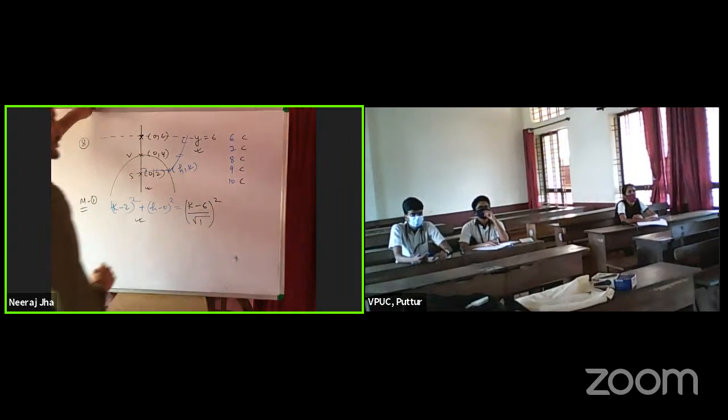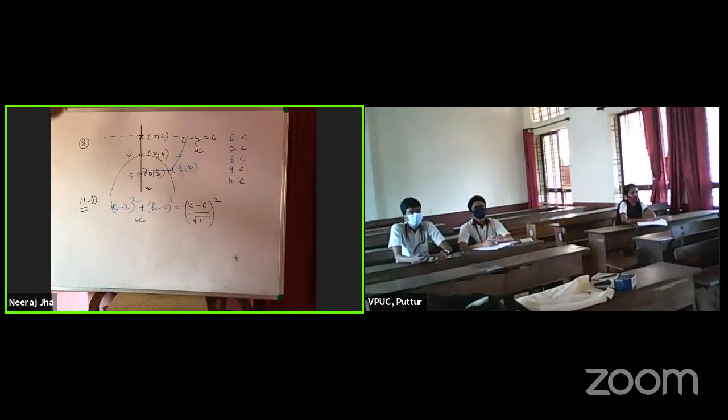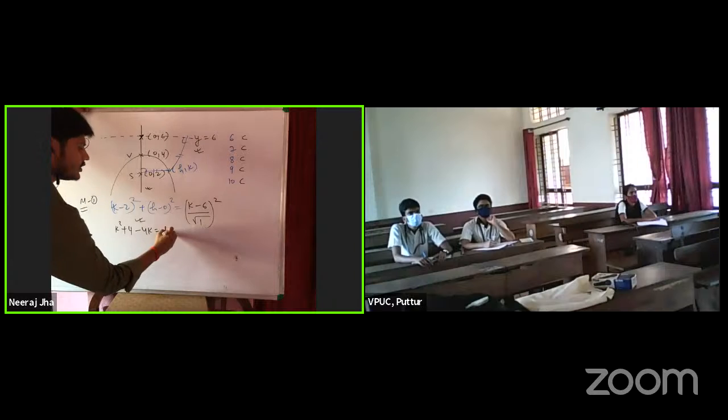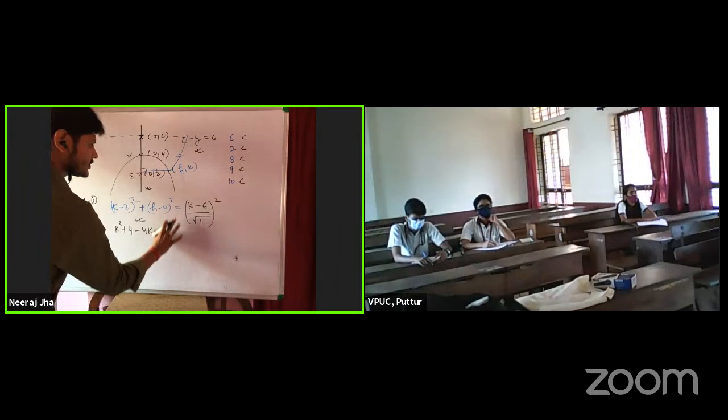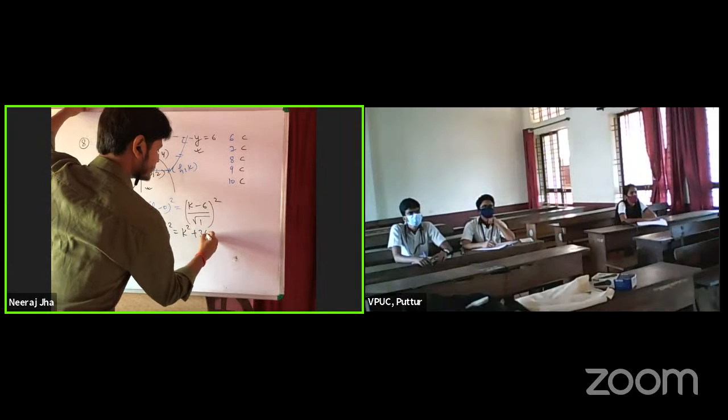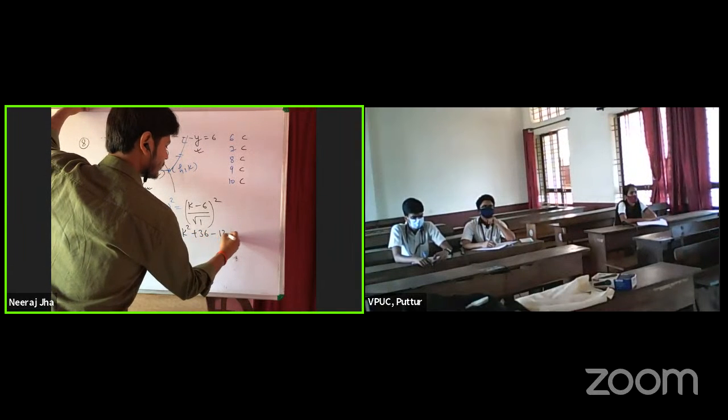You can find the equation of the parabola using this. Let us find it out. It is k square plus 4 minus 4k plus h square is equal to k square plus 36 minus 12k.